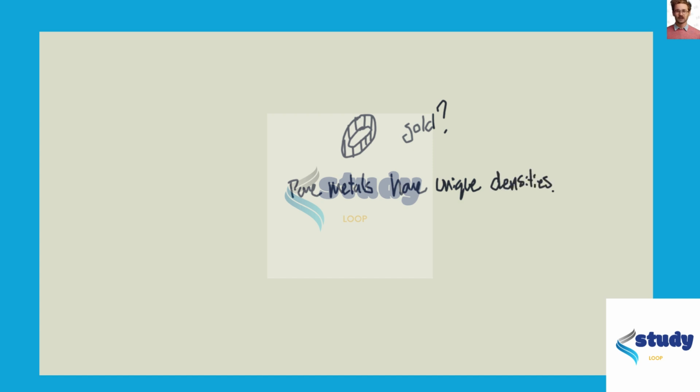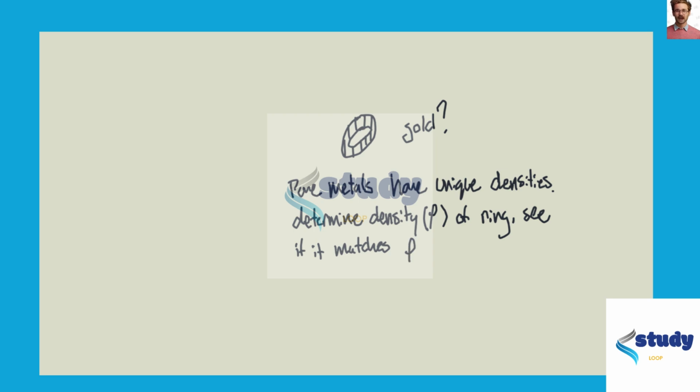So if we can determine the density of our ring, which is the symbol, it's like a cursive P, used for density, and see if it matches the density of gold.